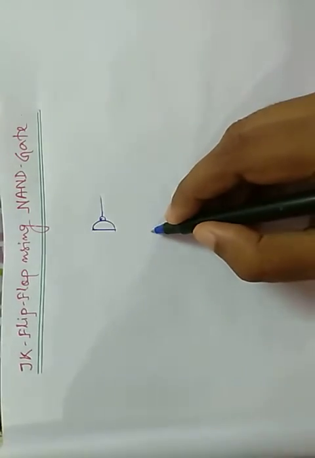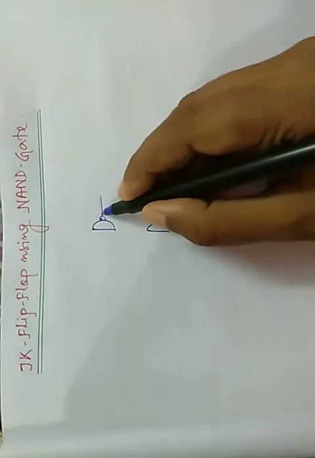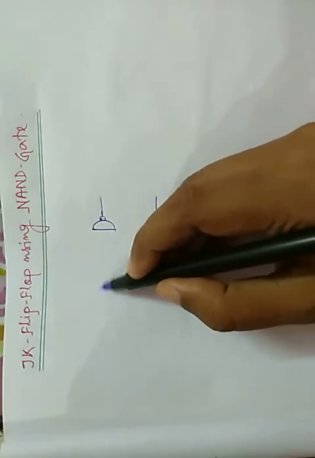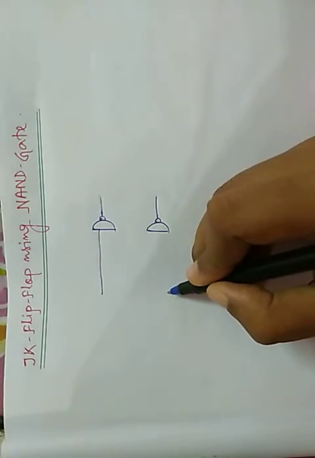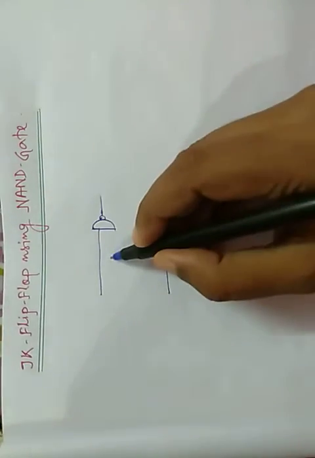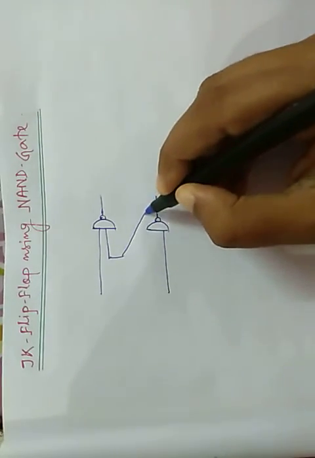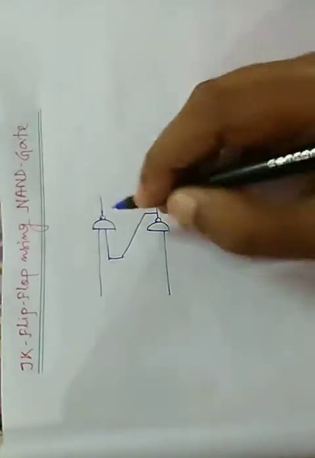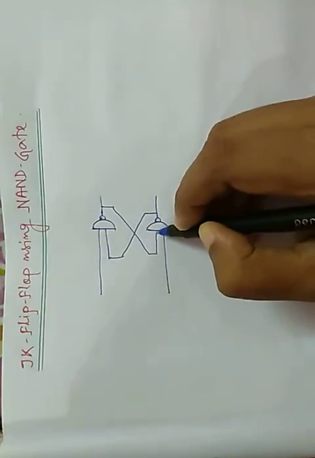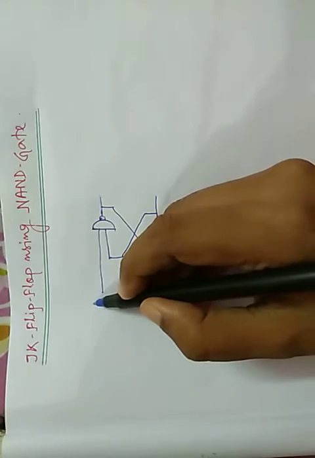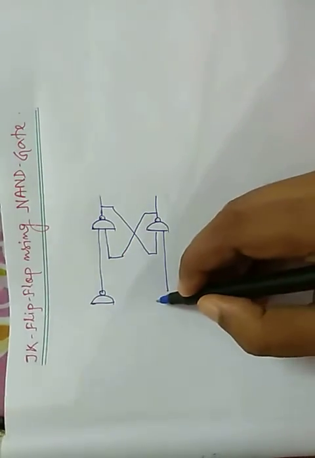One NAND gate here. I hope till now all of you have learned many flip-flops, so you already understand how a flip-flop is drawn. The output of this goes as an input of the other, and as it is NAND gate, here also one NAND gate is used.